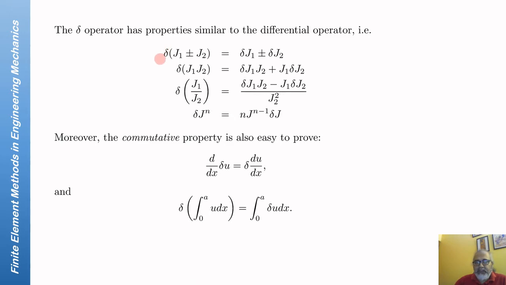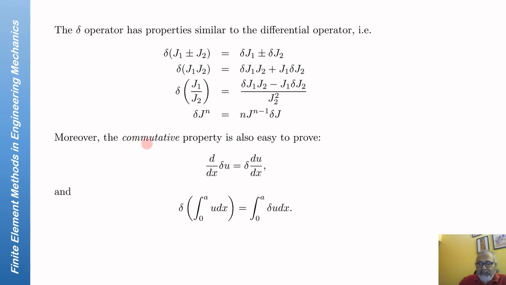So if you take delta of two functionals, the first variation of the sum of two functionals is equal to the variation of the first plus the variation of the second, or minus the variation of the second. For the product of two functionals, J1 by J2, the variation is exactly the same as you do for a differential operator.